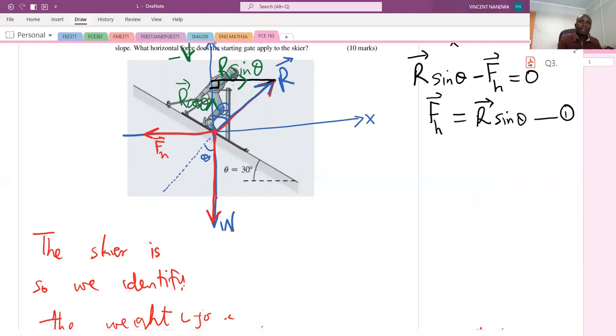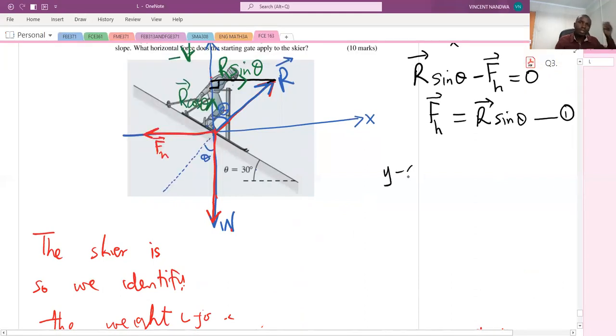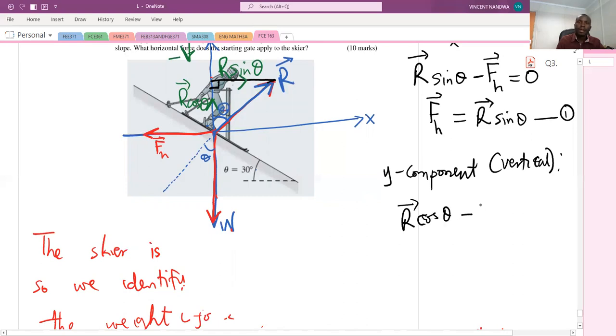So we'll have y component, that's vertical: R cos theta minus W should give us 0. Which says W is the same as R cosine of theta. Call this equation 2.